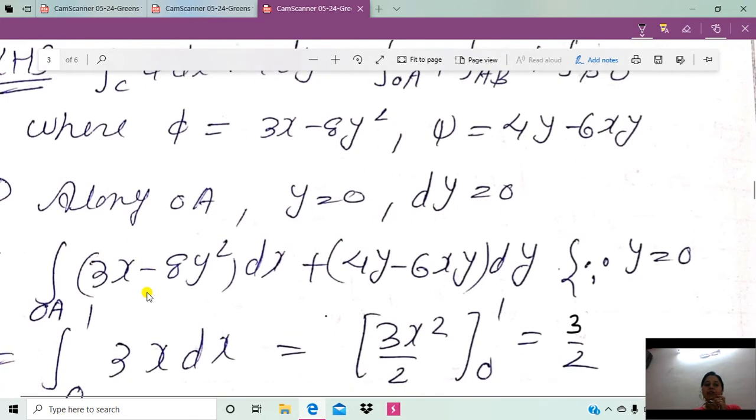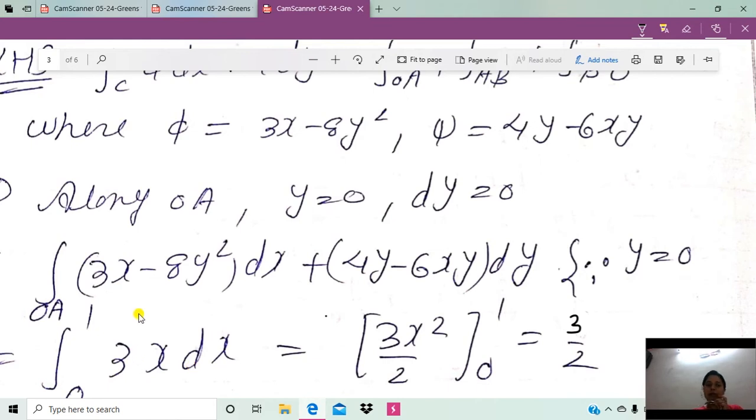And we have to integrate (3x - 8y²) dx + (4y - 6xy) dy. So we put along OA y = 0 and dy = 0. Therefore the integration is now 3x dx.